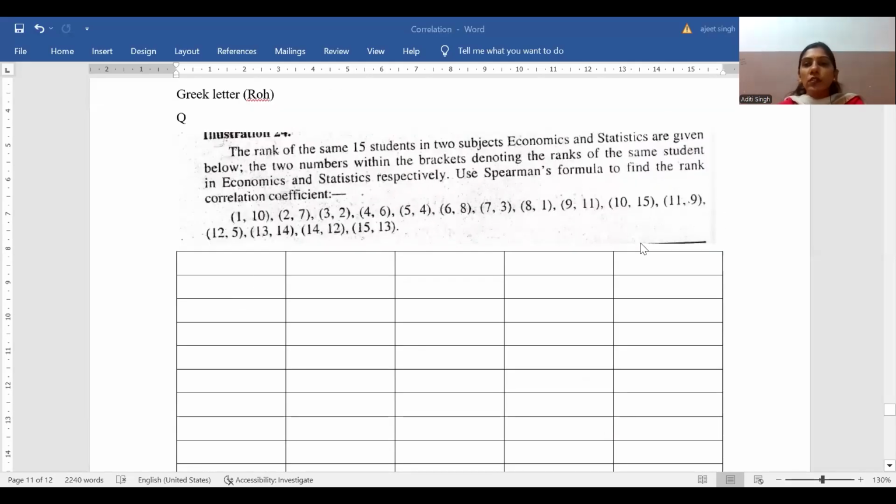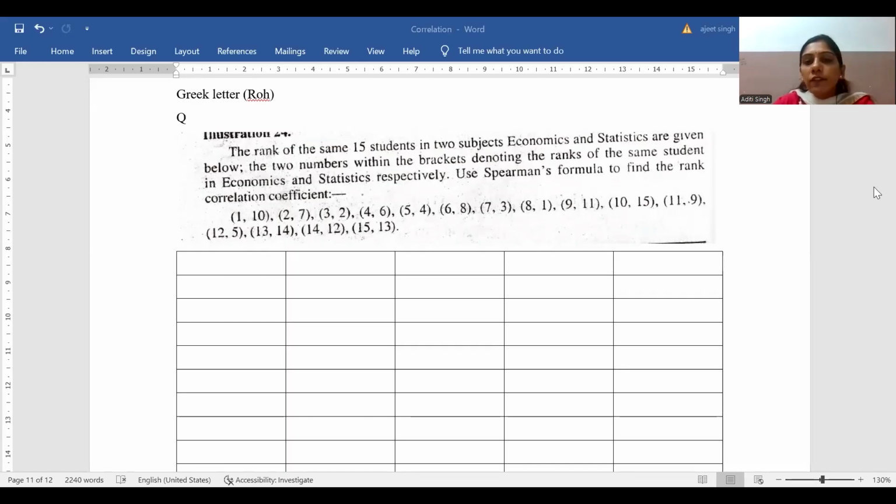The first question is: the ranks of the same 15 students in two subjects, economics and statistics, are given below. The two numbers within the brackets denote the rank of the same student in economics and statistics respectively. Use Spearman's formula to find the rank correlation coefficient.